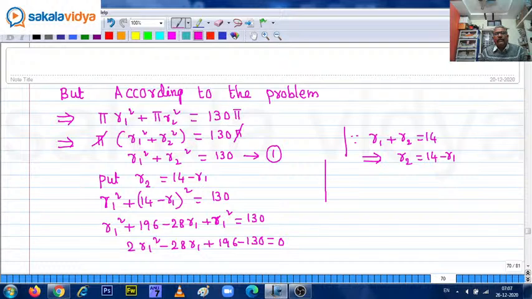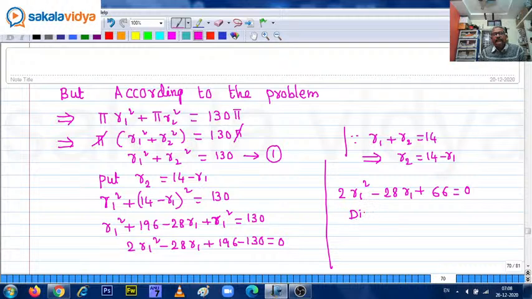So what do we have? We get 2 R1 square minus 28 R1 plus 196 minus 130, you will be getting 66, I think so. Yes, 66 is equal to 0.